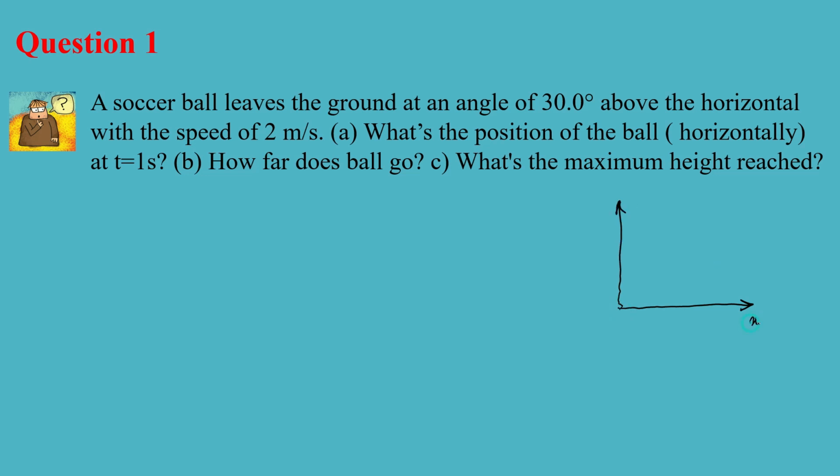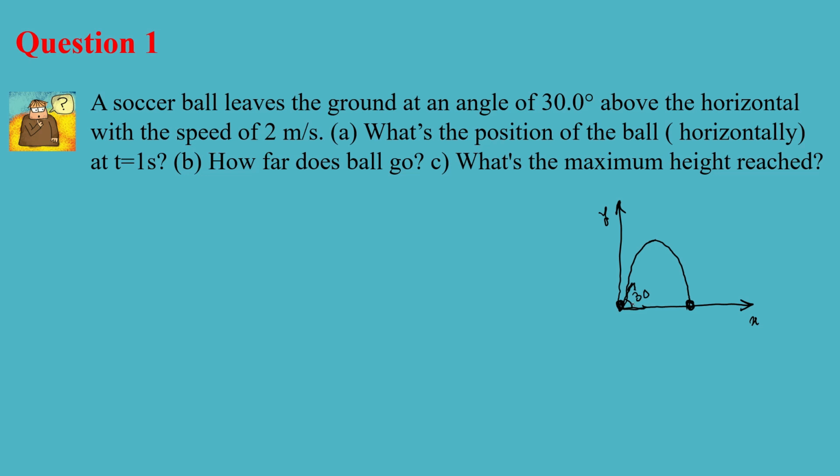This is my x, and this is my y-axis. I have a soccer ball at the origin. It goes up, reaches its maximum, and comes back to the same height it was at, right? And it says the angle is 30 degrees. So this angle is 30.